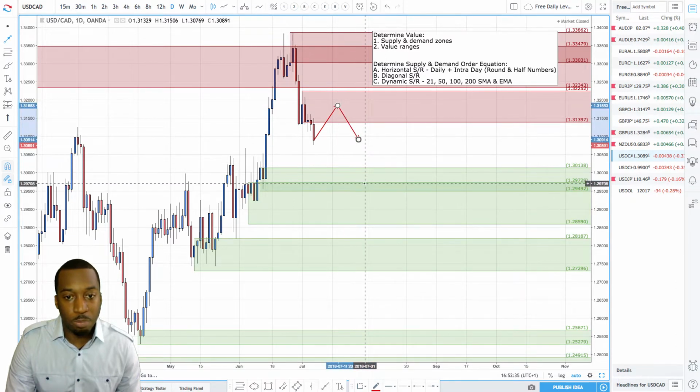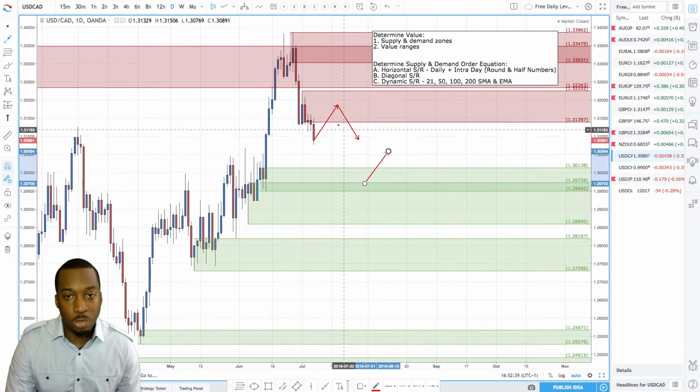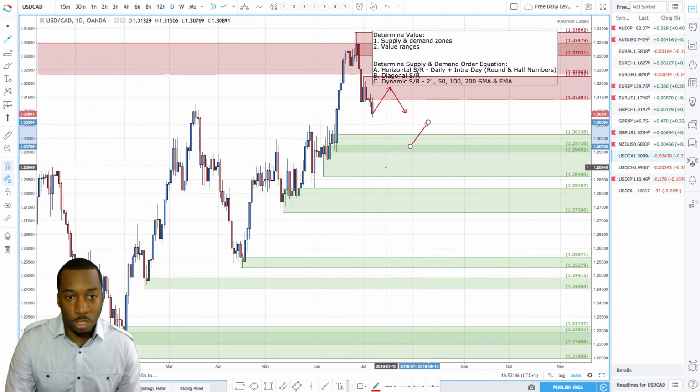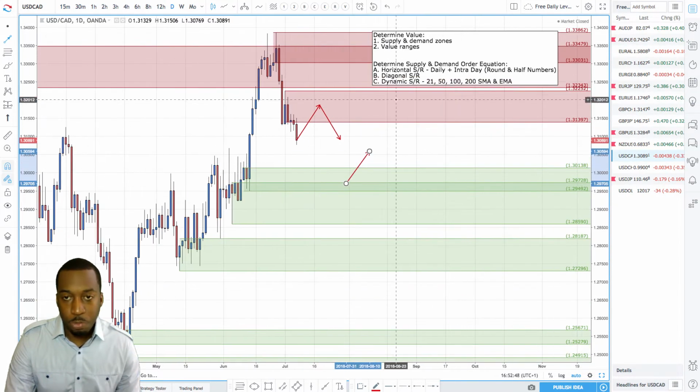If you're looking to buy the dollar, this is where your first buy area is. And again, just looking for some confluence, which we're going to go over in just a sec.